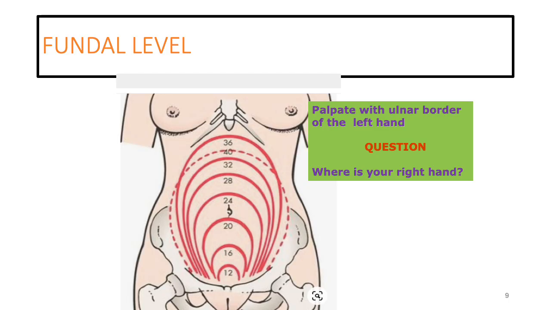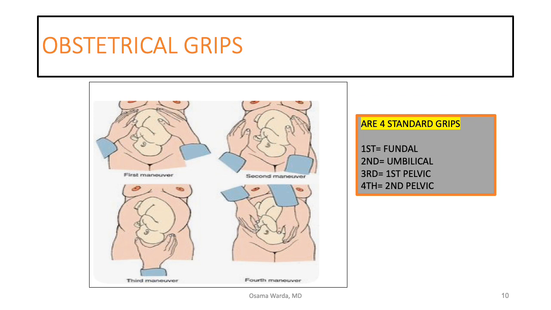We start with the fundal level. We shift to the umbilical, for the fundal grip. The fundal grip is performed by your hands. We have here to know the level of the fundus before doing the fundal grip.